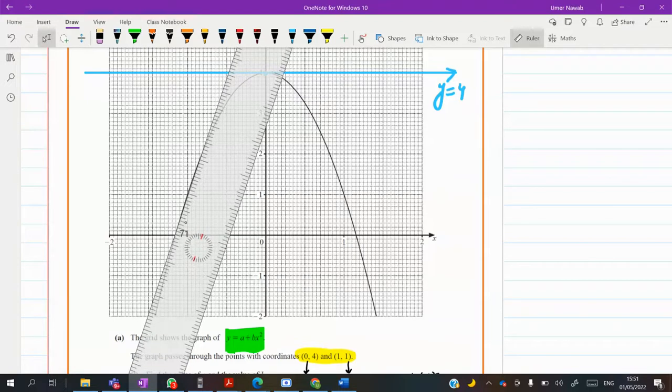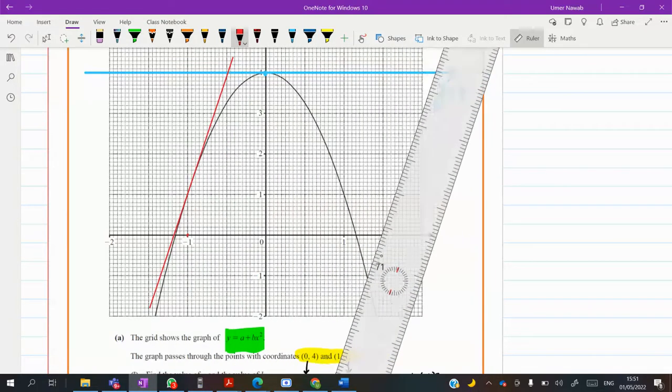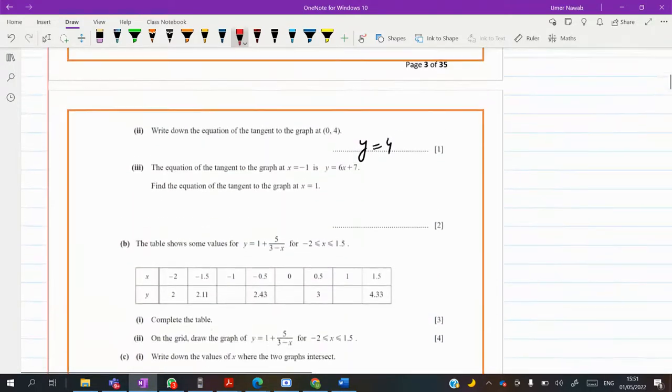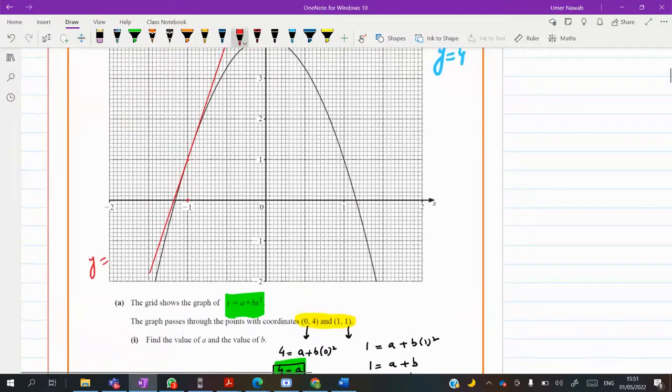If we draw the tangent, I'll use the red color. He said that at x is equal to -1, if you draw, your equation is y equals 6x plus 7.